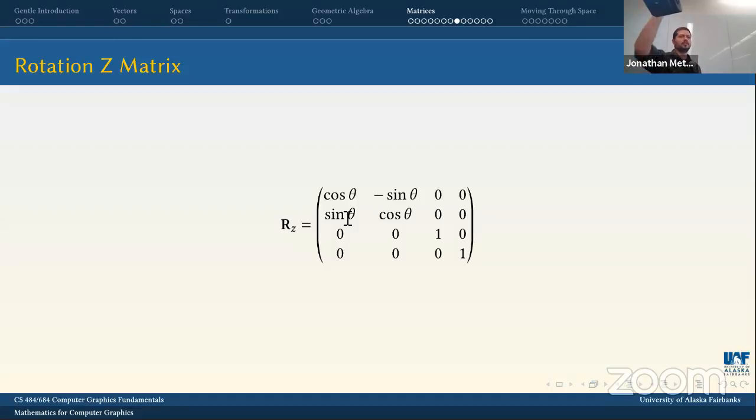So as you're drawing a circle, cosine theta is where you put your x coordinate, sine theta is where you put your y coordinate. And then over here, in the second column, we have minus sine theta and cosine theta. This is technically 90 degrees orthogonal to cosine theta and sine theta, okay?